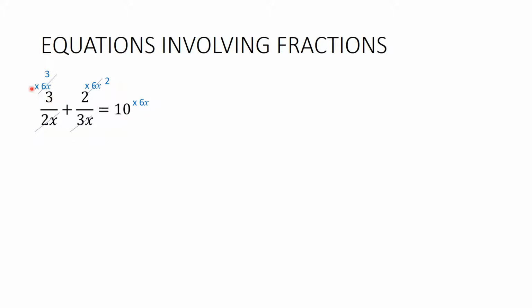What's left? 3 times 3 is 9, plus 2 times 2 is 4, equals 60x. Tidy up the left-hand side gives us 13 is equal to 60x, and now I'm going to divide both sides by 60. So let's do that. And so our answer is x is equal to 13 on 60. We leave it as a fraction rather than writing it as an approximate decimal.